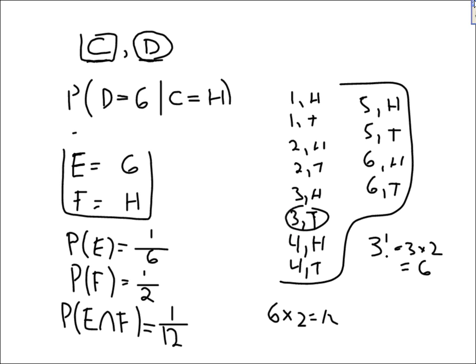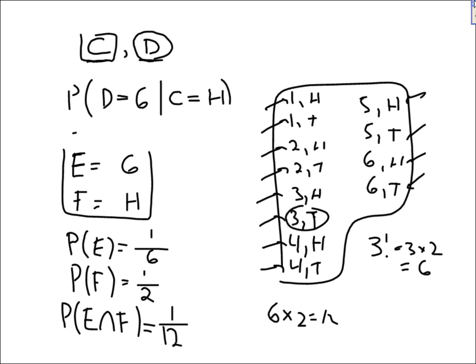If somebody asks you to record the results of tossing a die and then flipping a coin, these are the 1, 2, 3, 4, 5, 6, 7, 8, 9, 10, 11, 12 things you might write down.